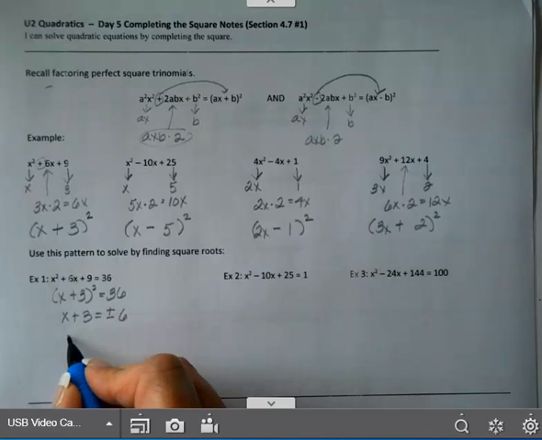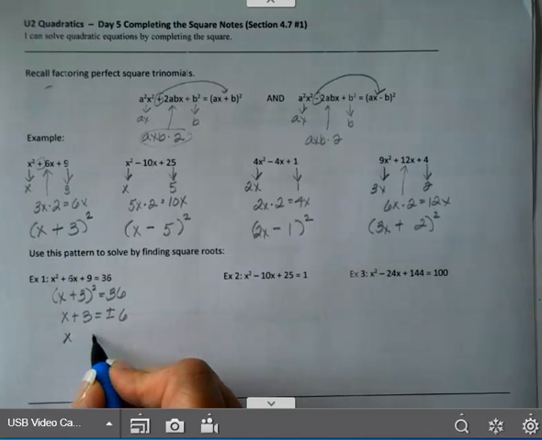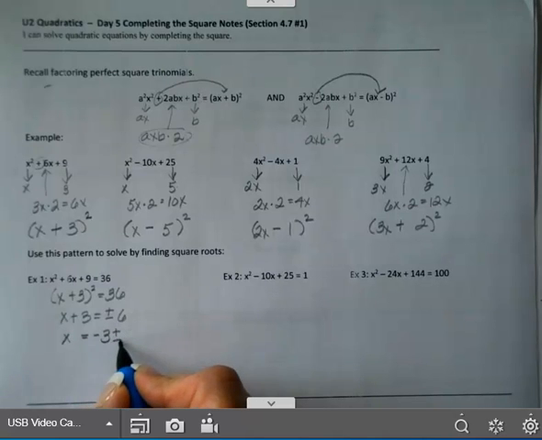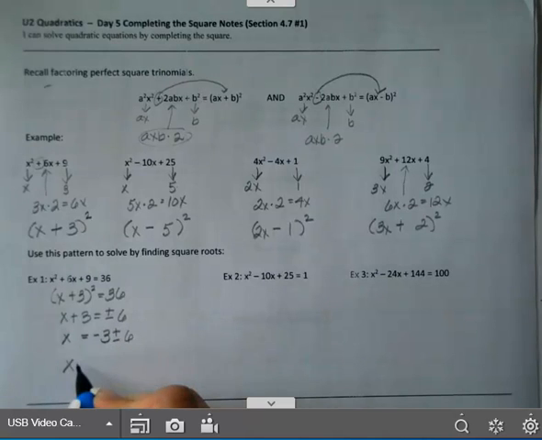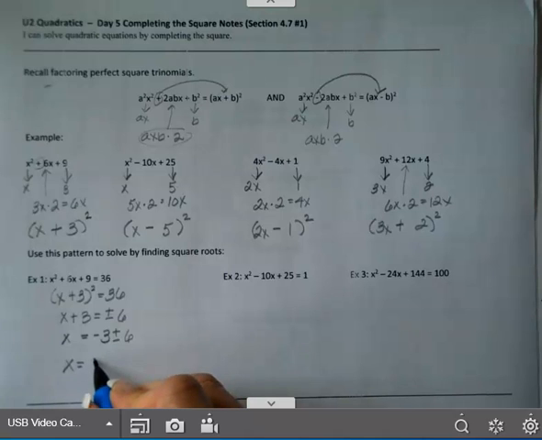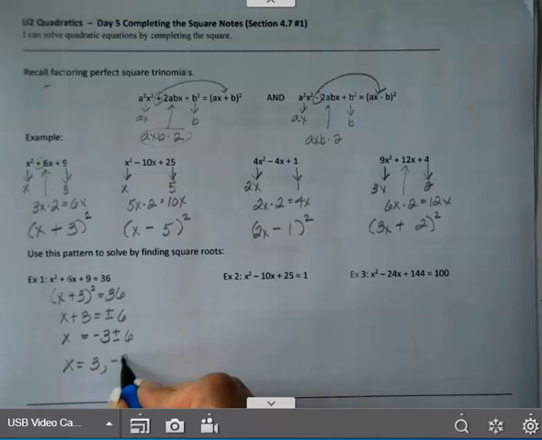Move the 3 to the other side by subtracting 3 on both sides. So x equals negative 3 plus or minus 6. And I can simplify this further. Negative 3 plus 6 is positive 3. And negative 3 minus 6 is negative 9.